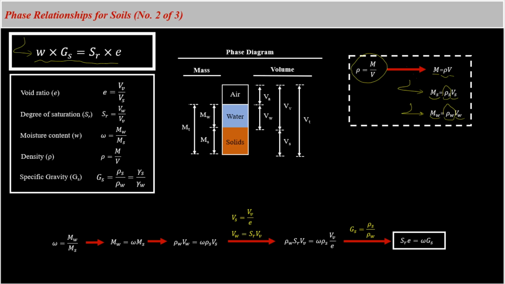So knowing this, let's start with the moisture content equation. We first need to solve it for the mass of water. Then we need to replace the masses with density times volume. Then we need to replace the volumes in this equation with equations that are based on the void ratio and the degree of saturation.